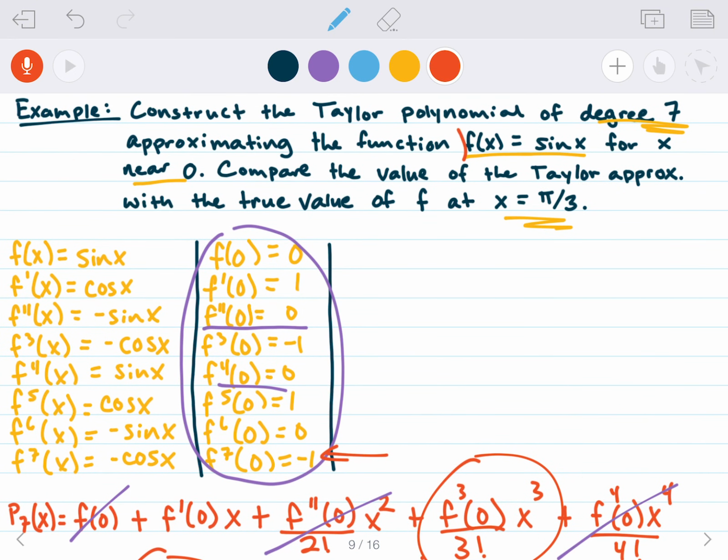And my function in question was sine of x. Let's see how good this approximation is when x is equal to pi over 3. So pi over 3 is kind of close to 0, but I mean, it's 1 point something. It's not as close as a lot of numbers, but let's see how good this approximation is.